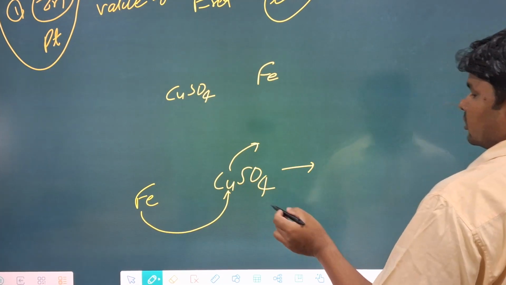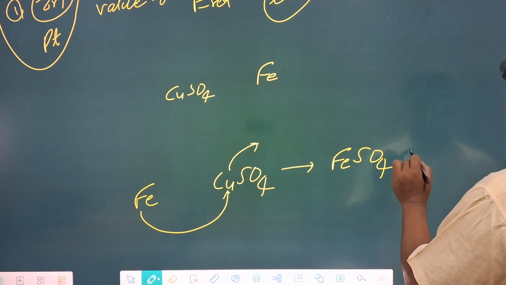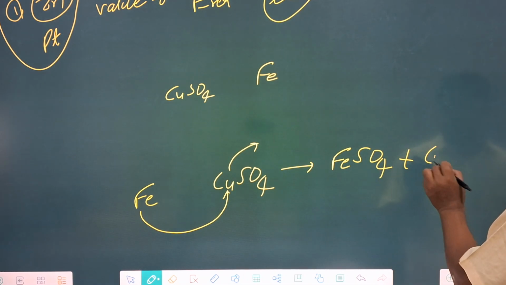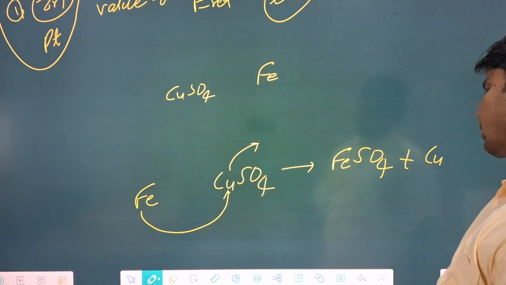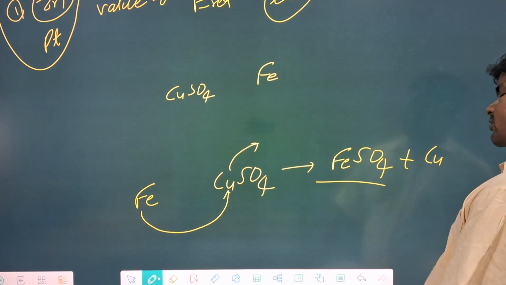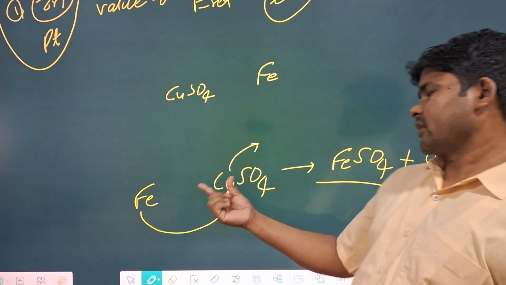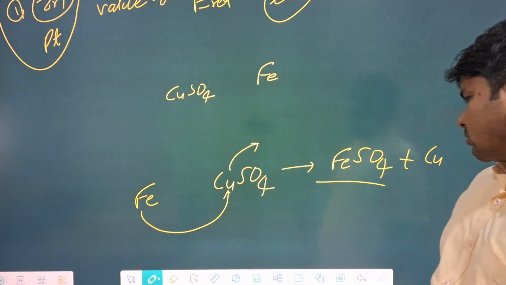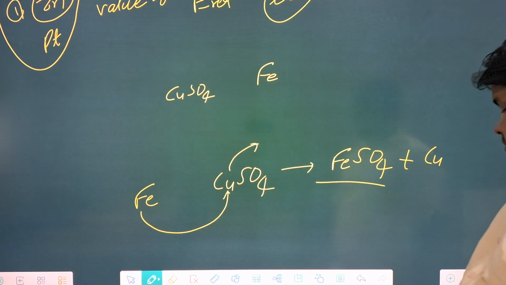Hence, the reaction becomes FeSO4 and copper is easily displaced from copper sulfate solution. Due to formation of iron sulfate by the addition of iron to copper sulfate solution, the blue color of copper sulfate solution disappears.